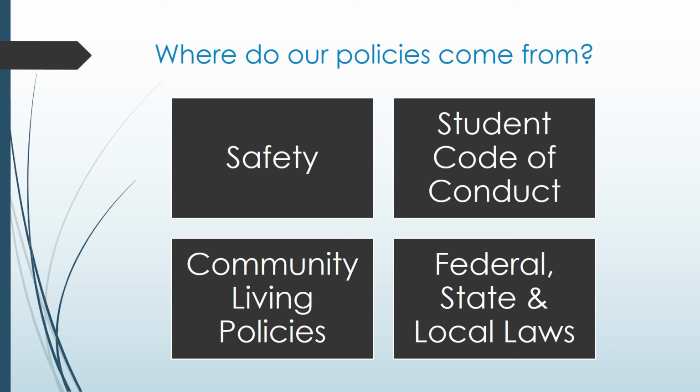So only policies that relate to living on campus at UW. And then of course we ask our students to abide by all federal, state, and local laws, and so that is captured in our policies as well. And if it isn't written in our policies, if it's a law, we still expect folks to abide by that.